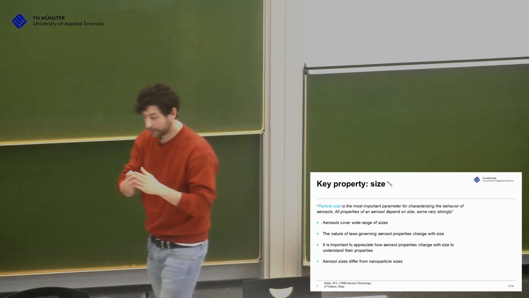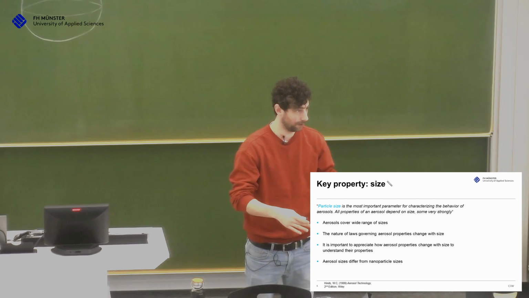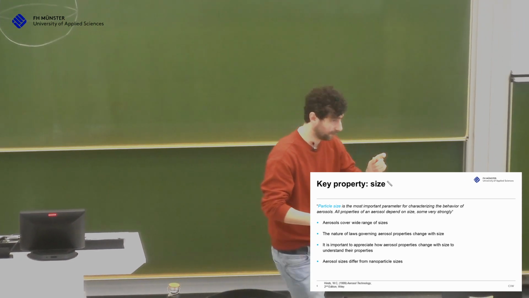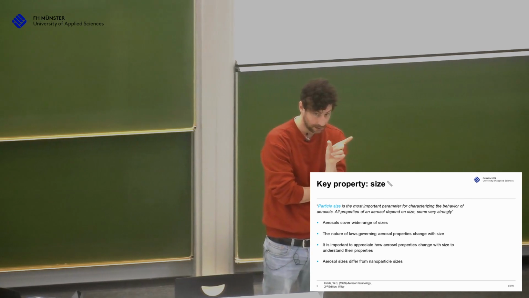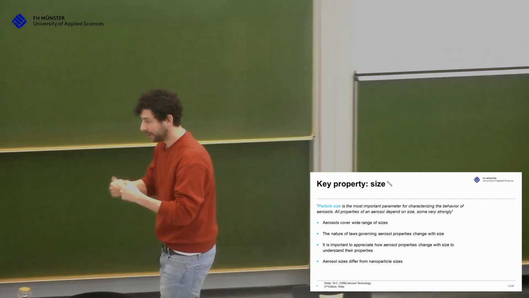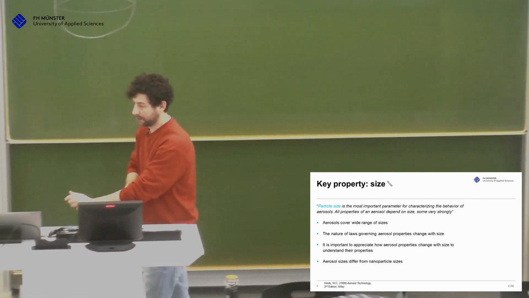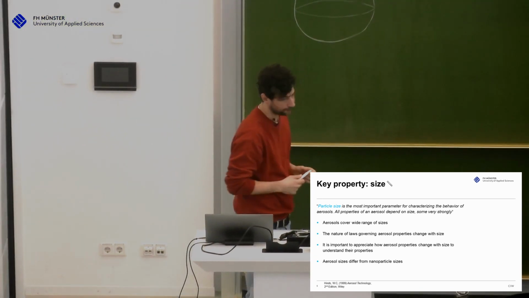And in an aerosol, it could be that you have both of them in one size distribution, in one sample, okay? That's a little bit different to nanotech, where your size distribution is not that wide normally, and the physics doesn't really change within the population or in the same sample.